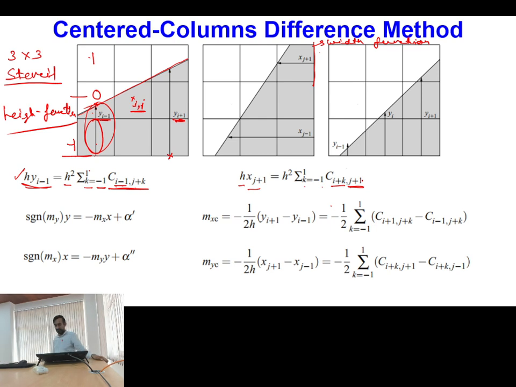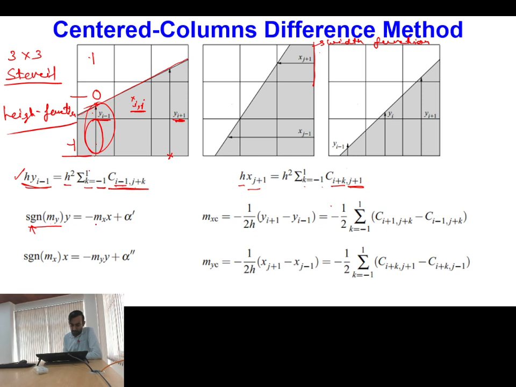After this is known to me, I can write the equation, where SGN is the sign function. The meaning of the sign function is that if you put in any real value, it simply gives the sign of that real number. So here you can see that the sign of whatever your slope is gives its sign: if it is minus, then it will be minus y, and if it is plus, then it will be plus.